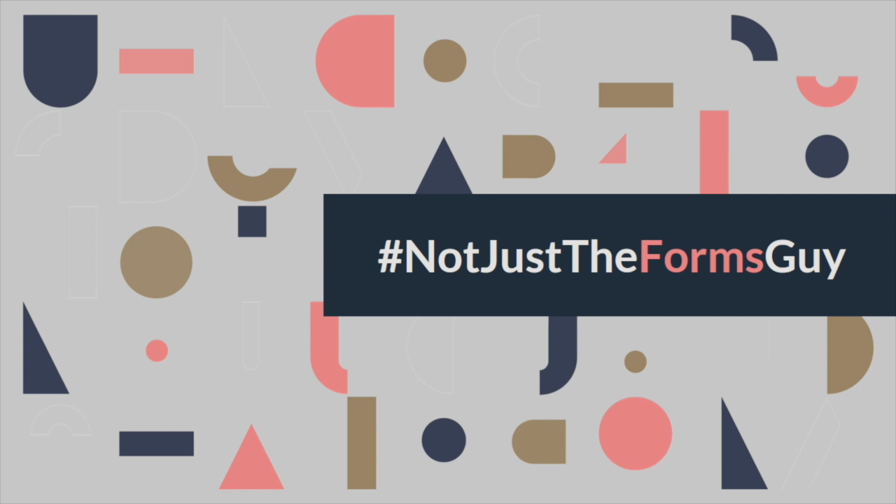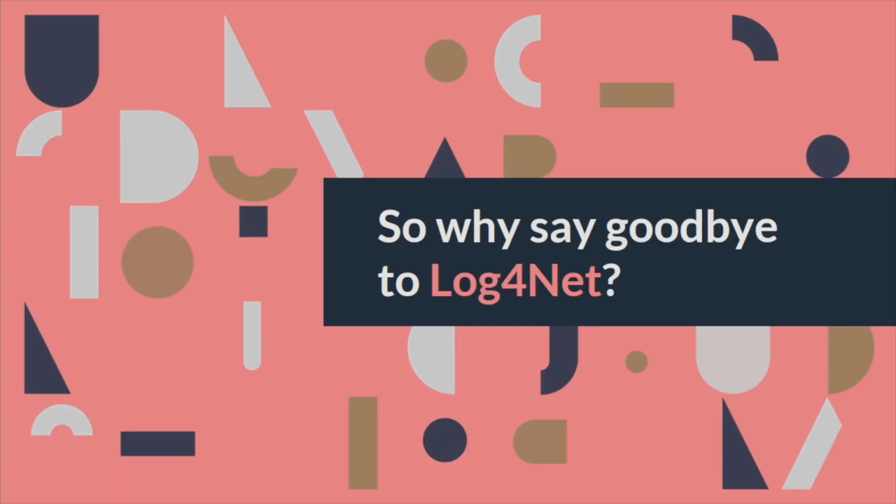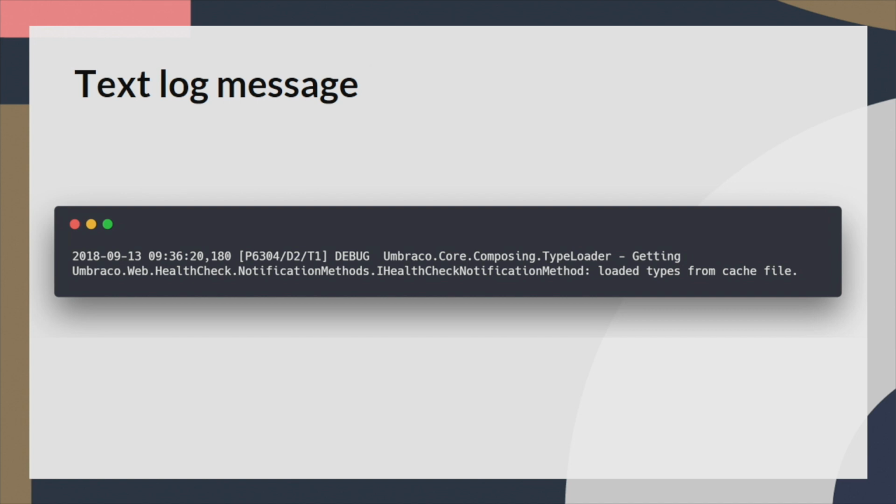So why do we say goodbye to Log4Net? Well, generally it's a bit crap, is my opinion. A text log file from Log4Net is very hard to read when the log file grows larger and larger on busy sites. Finding a pattern in this very long text file sucks.